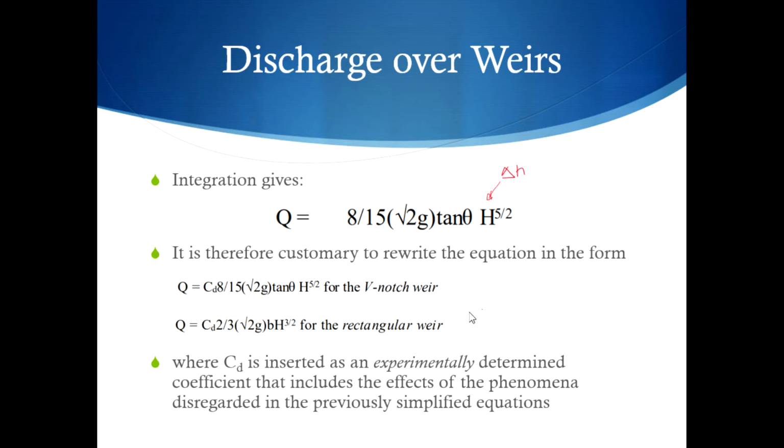So for the rectangular weir, we have our weir, and this will be our base, multiplied by h to the power of 3/2. So like I said, our h will be this.